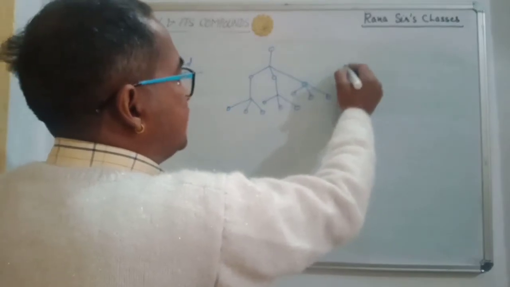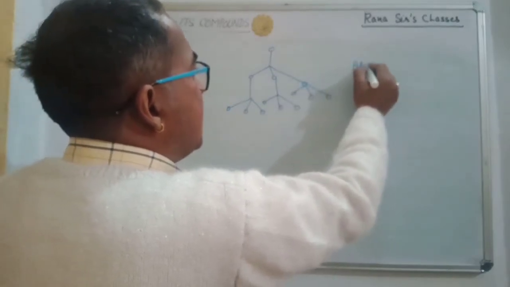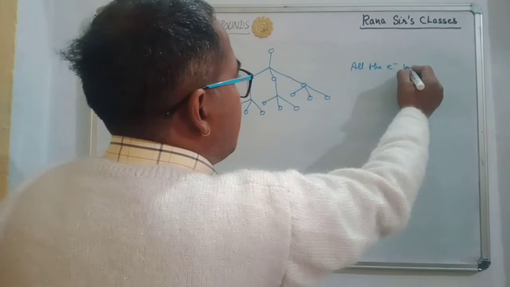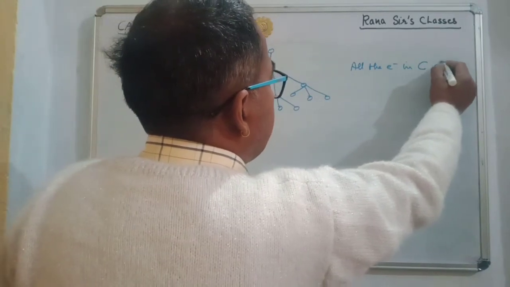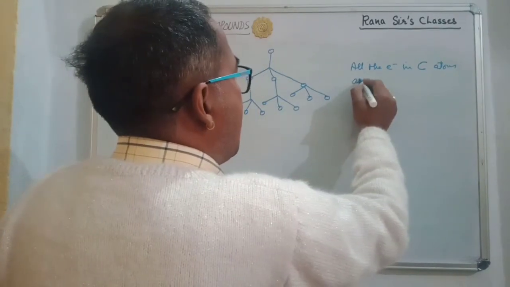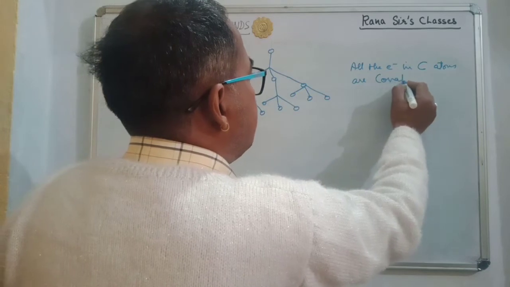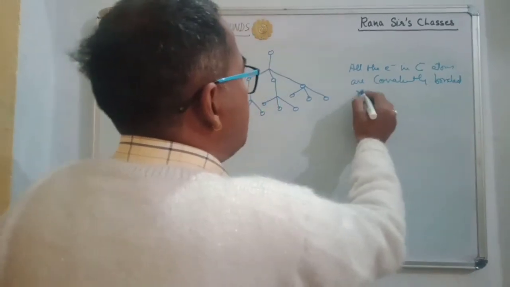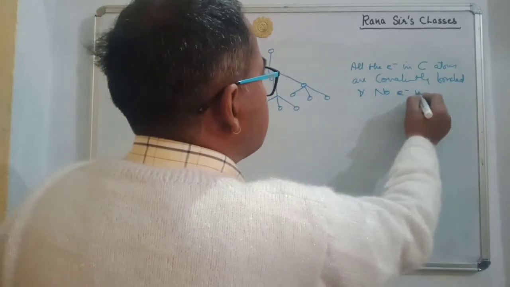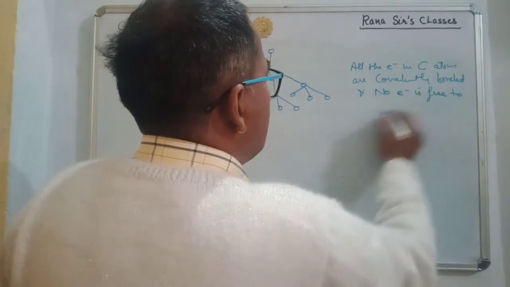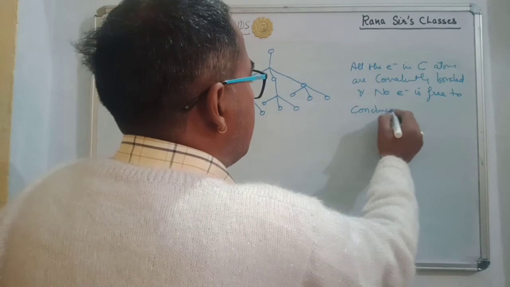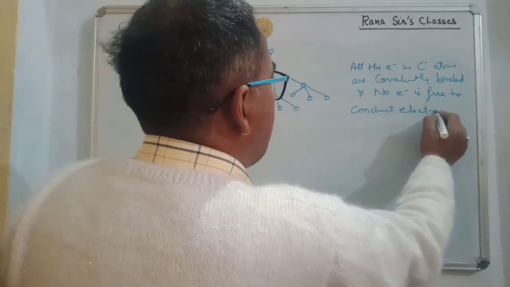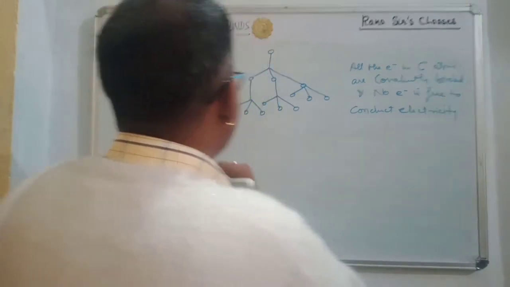Every electron, all the electrons in carbon atoms are covalently bonded and no electron is free to conduct electricity if we talk about diamond.